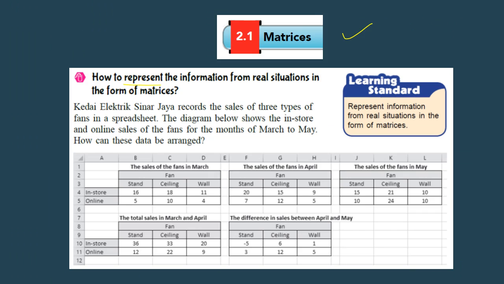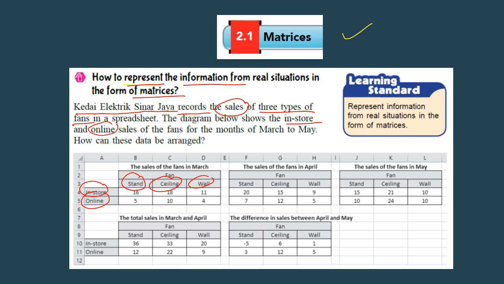Next we'll see how to represent information in the form of matrices. So you have here Kedai Electric Sinar Jaya records the sales of 3 types of fans: stand fan, ceiling fan, and wall fan. And the sales are in store and also online.